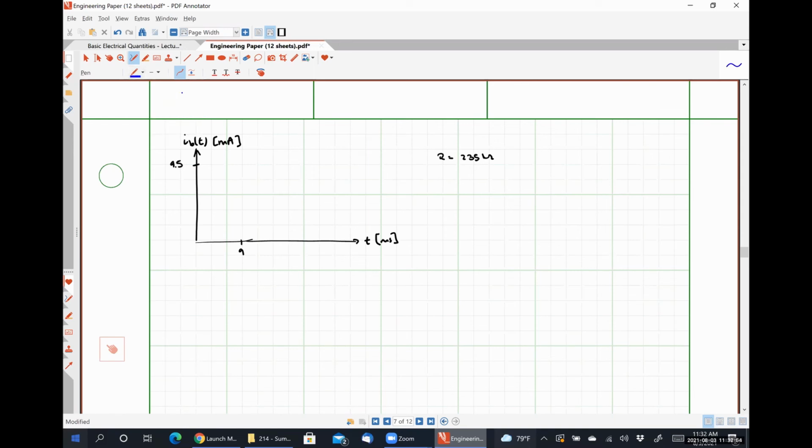So it starts at 9.5 and goes down to 0 at t equal to 9. Then it goes back up to 9.5 at t equal to 18. Then it comes back down to 0 at 27 and just repeats over and over again.